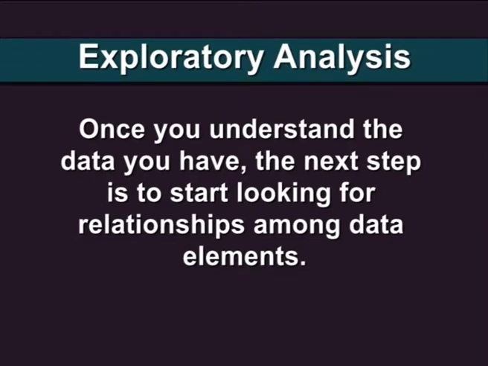Once you understand the data you have, the next step is to start looking for relationships among the data elements. That is, to explore the relationships. This is called exploratory data analysis, and it typically focuses on correlations among variables.